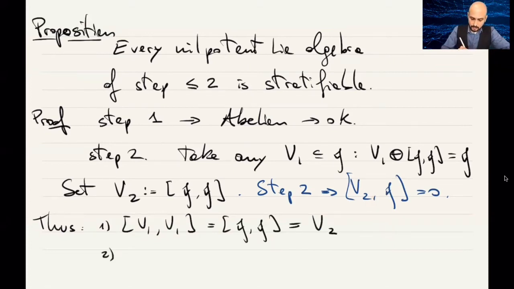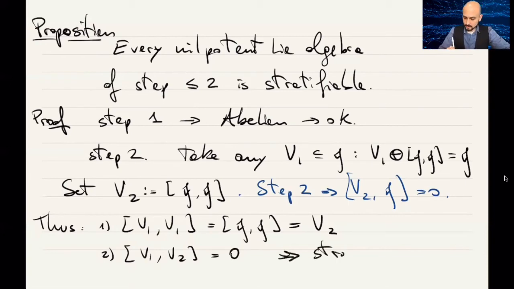Second condition: now we have [V1, V2]. As we said, V2 commutes, so this is 0. And since the step is 2, there's nothing else to check. So we got a stratification. Every nilpotent Lie algebra of step less than or equal to 2 is stratifiable.